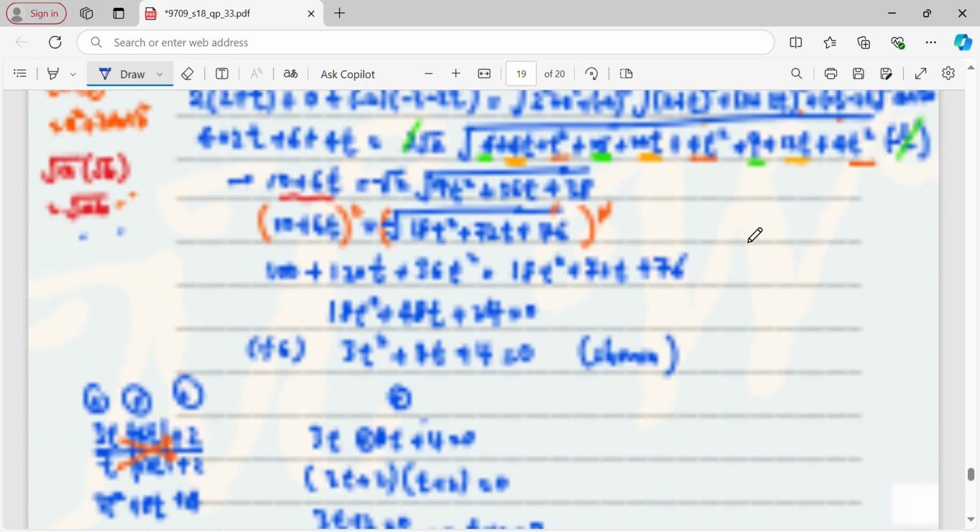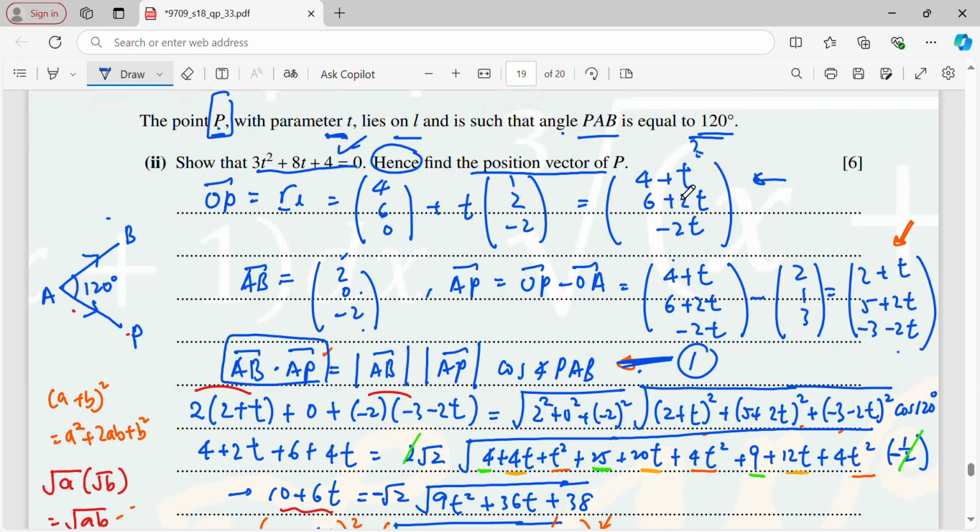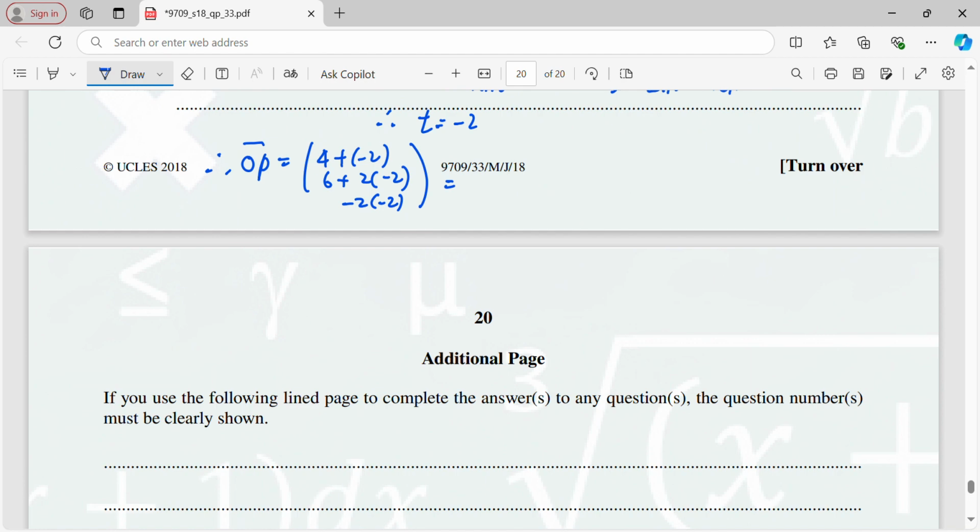Okay, let me check. Alright. So that means here, I will just write my answer is basically 2. Then this is 2 as well. Then this is 4. Okay, so that is your position vector of the point P.